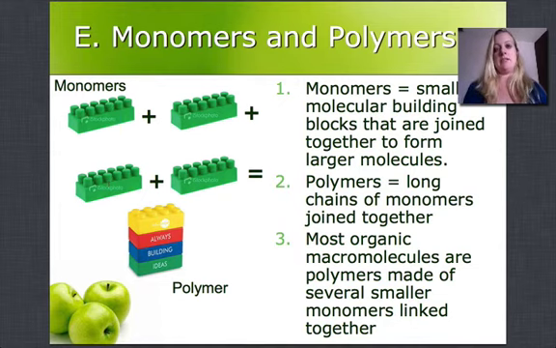So poly means many. So polymers are long chains of monomers simply joined together. And most organic molecules are polymers made of several smaller monomers linked together. So life likes very, very long polymer chains.